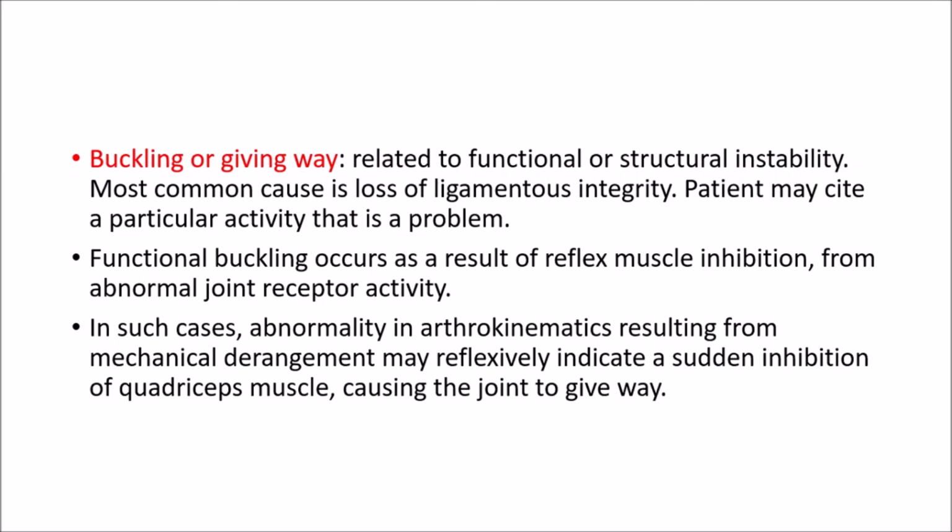A common cause is internal derangement from a meniscus tear or a loose body. In such cases, an abnormality in the arthrokinematics resulting from a mechanical derangement may reflexively induce a sudden inhibition of the quadriceps muscle, which may result in giving way. The patient usually cannot attribute the incidence of buckling to any consistent situation or activity, but claims that the joint gives way for no apparent reason.